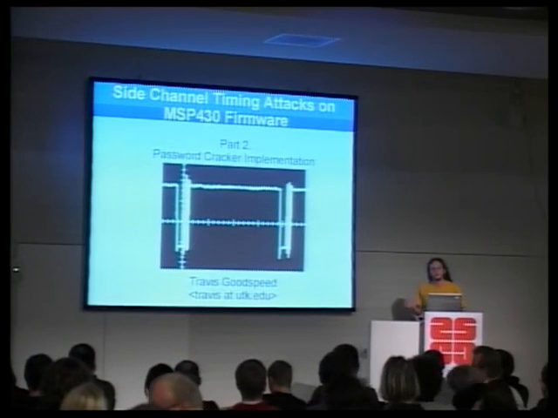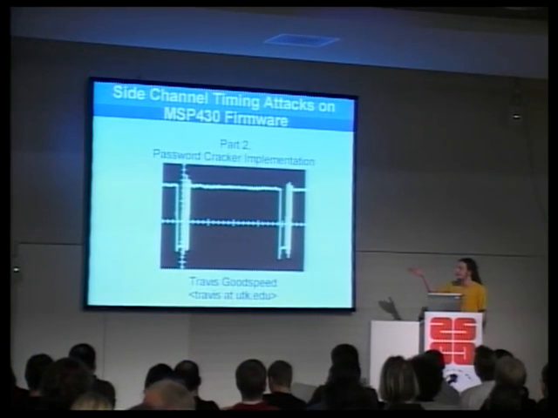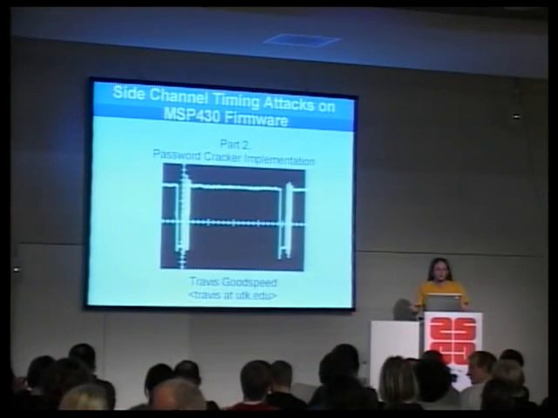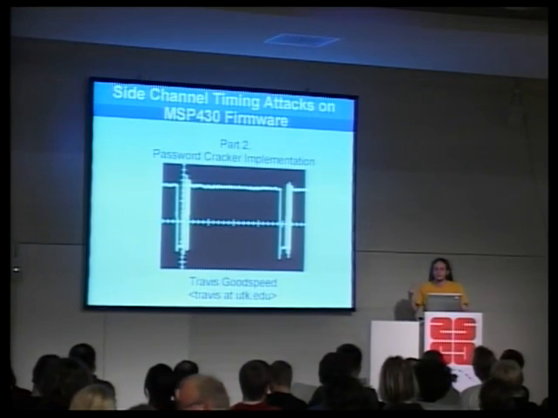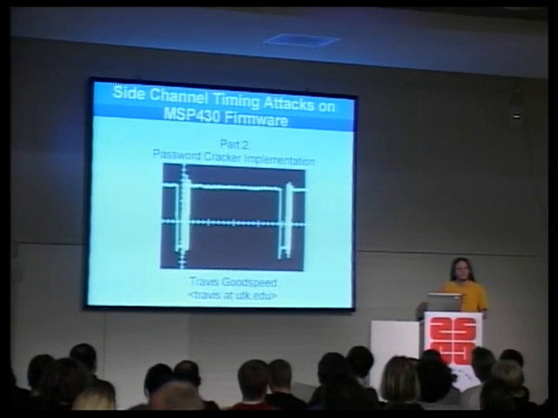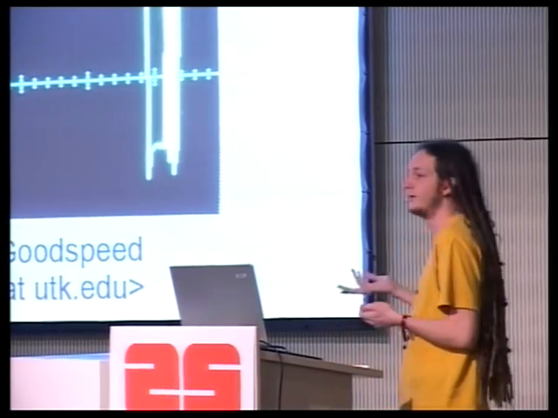So if you guess all zeros, and it happens, say, 6 clock cycles faster than an impossible password would be, then you know that the byte 0 occurs 3 times within the password. So you can run through all of the bytes, you can figure out how many times they each occur, and then you have the alphabet of the password. So you'll then have 32 or fewer potential letters to try, and then you just rotate them through until you get the entire thing.